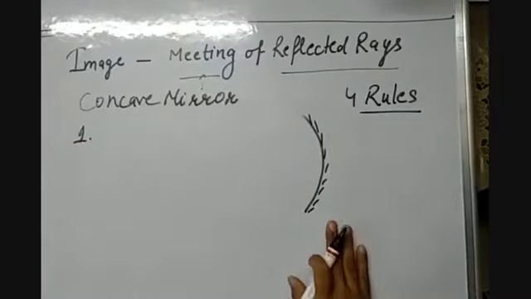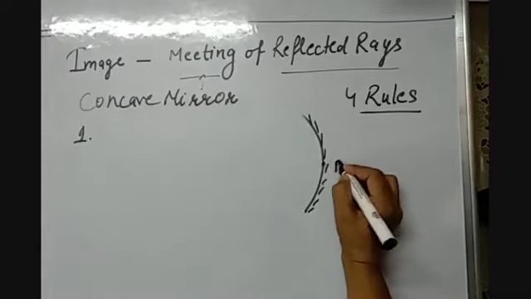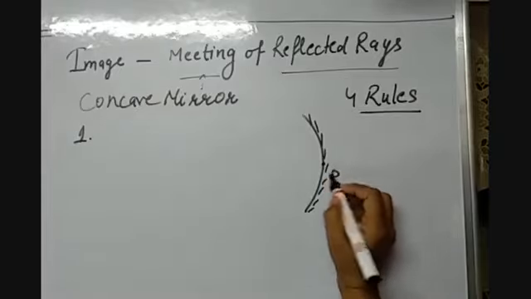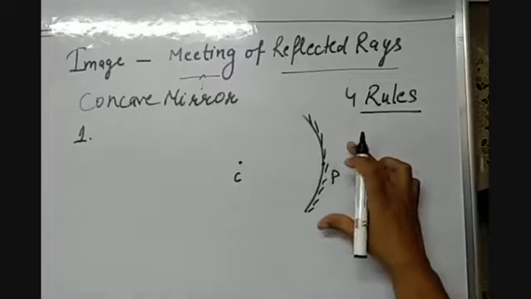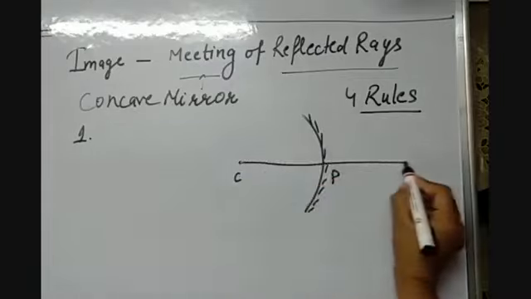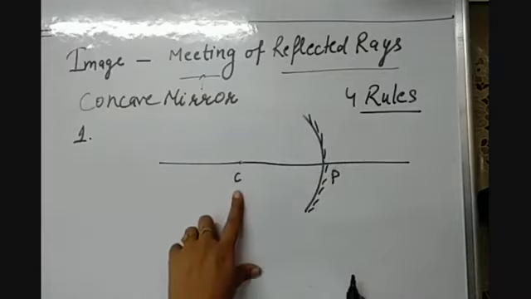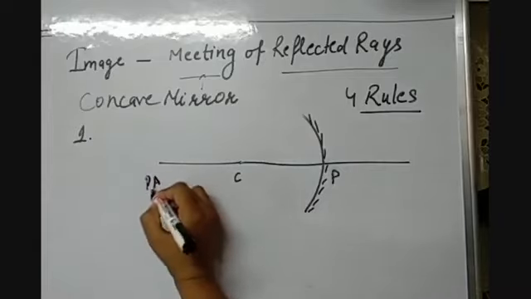As you can see here, we have a concave mirror, and there must be a pole and a center of curvature of this concave mirror. The line passing through the pole and the center of curvature is called the principal axis.